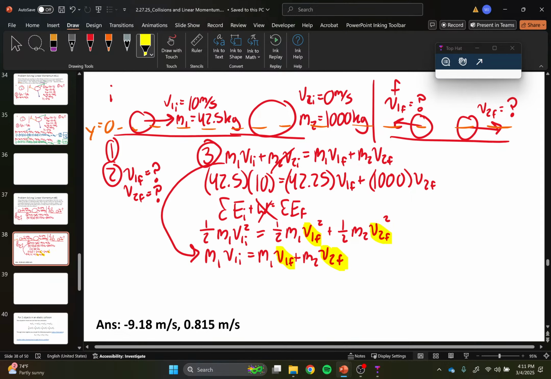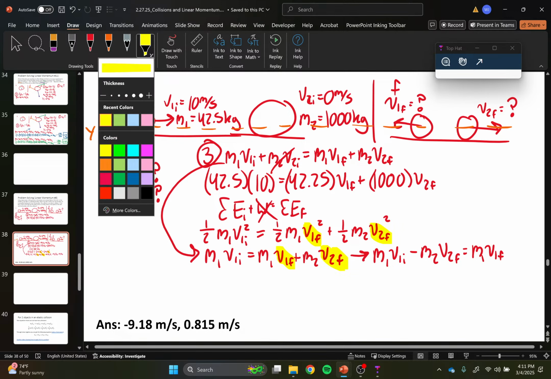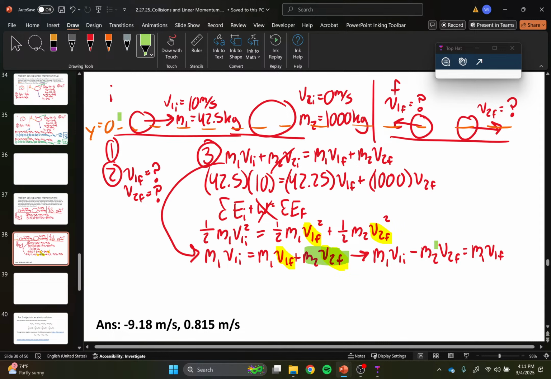How do you solve a system of equations? You isolate one of the variables in terms of the other. So we're going to solve for V1F by itself. How do we do that? We're going to subtract M2 V2F to the other side. I'm not doing anything crazy here. All I did was take this term and subtract it to the other side.